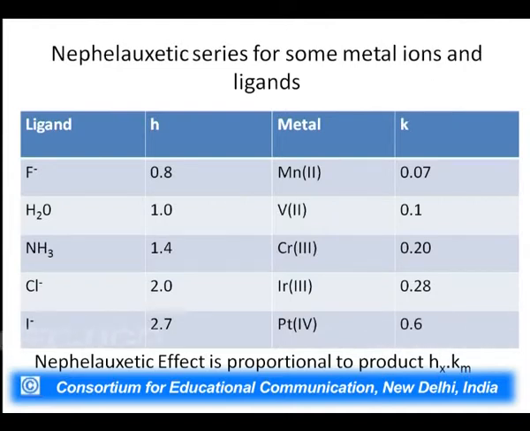So this electron cloud expansion, and the ease for electrons in terms of electron-electron repulsion, can also be measured in terms of the product of H and K values. Although here we have only given some representative values, the value of H for various ligands can be calculated, and the value of K also can be calculated.